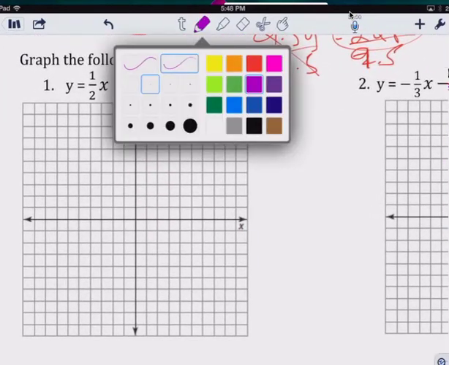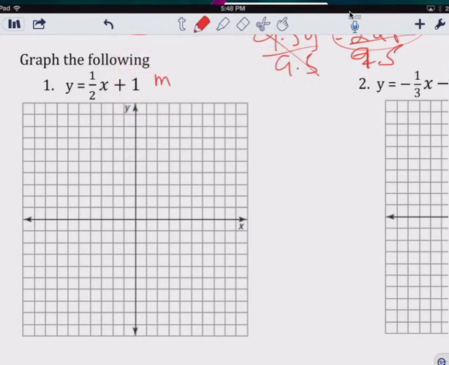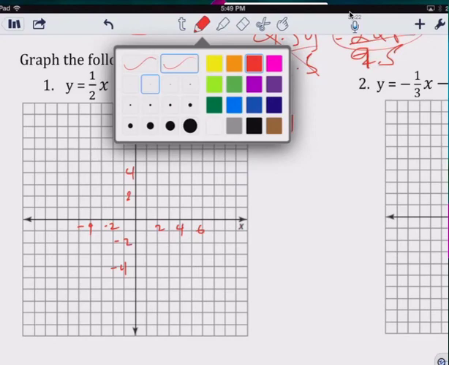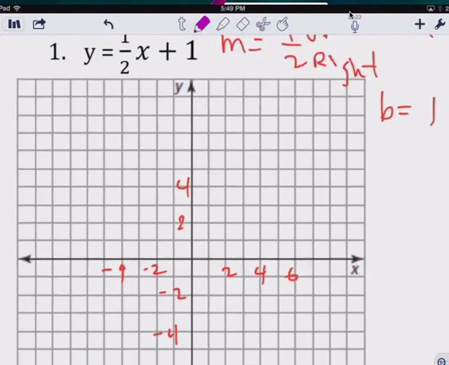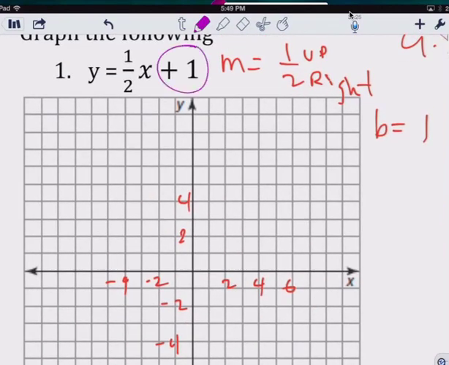Graph. Remember, slope is 1/2. That means up 1, right 2. And the y-intercept is at 1. Number at least some of them so we know what you are counting by. Y-intercept is at 1, so right here is 1.